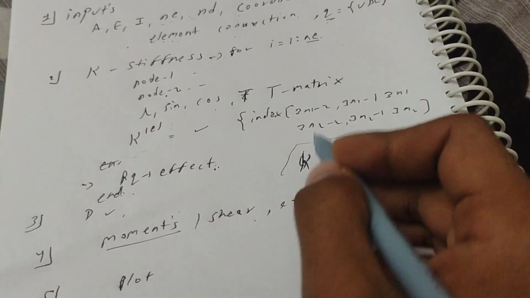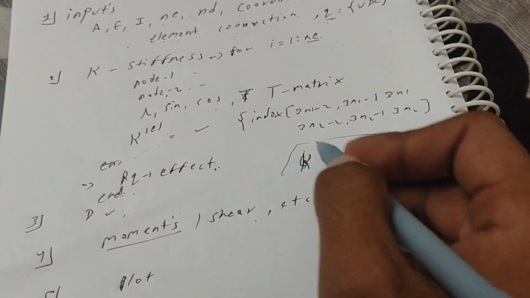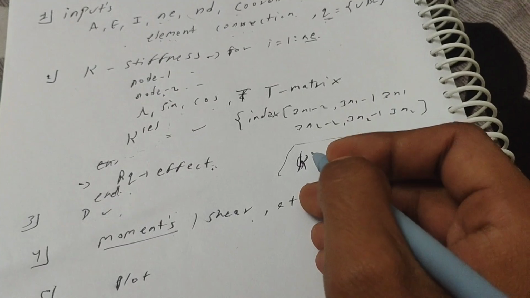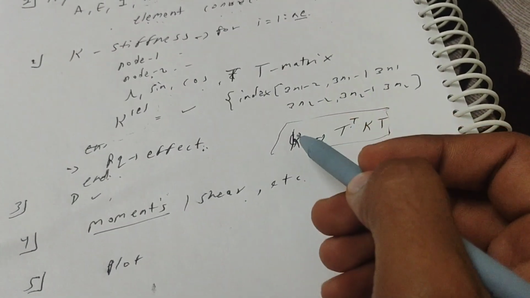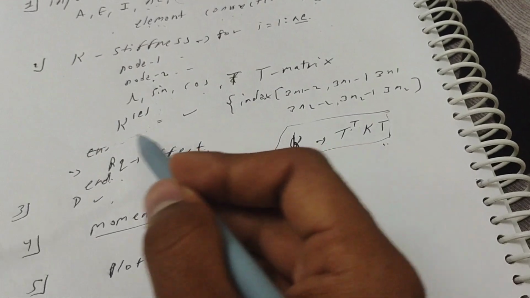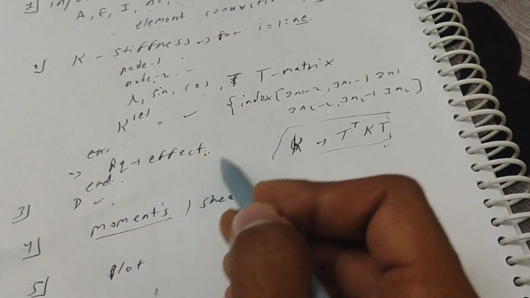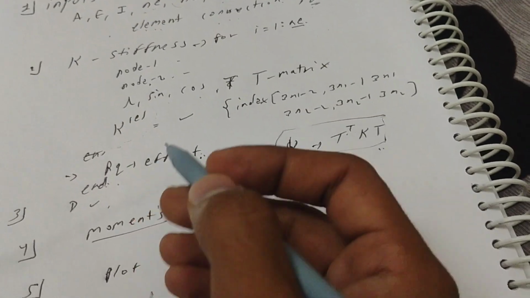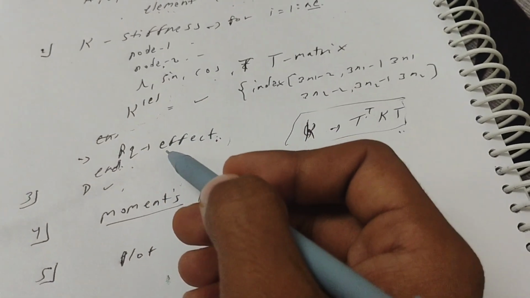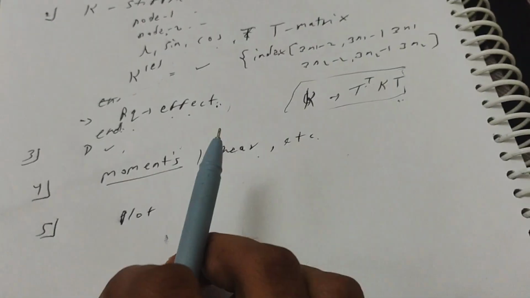We will then update this global element stiffness matrix into the global stiffness matrix. And we will also consider the RQ effect, which will be due to the UDL.